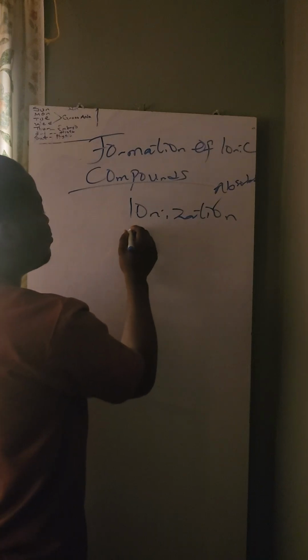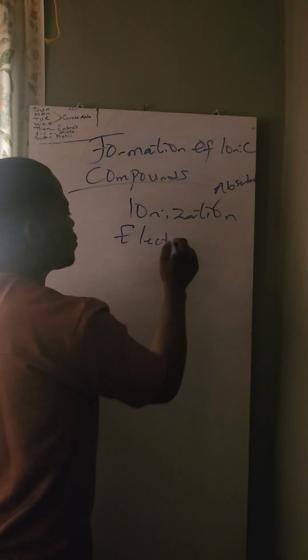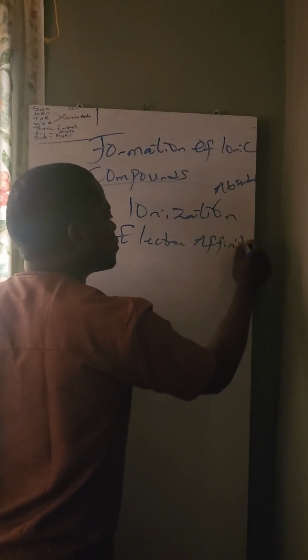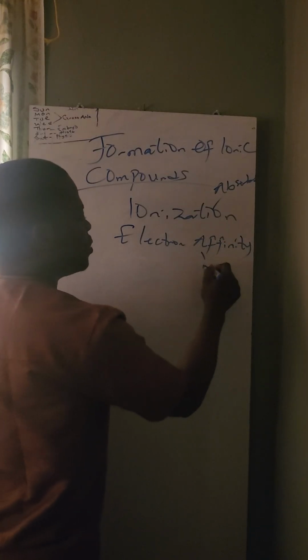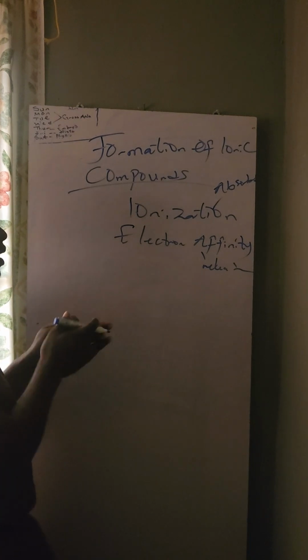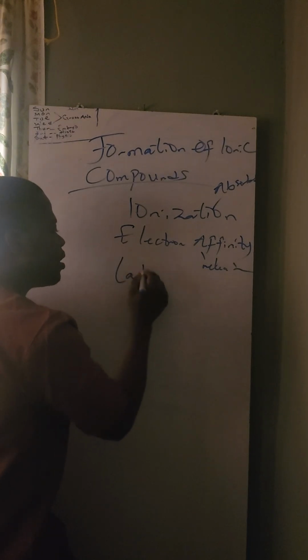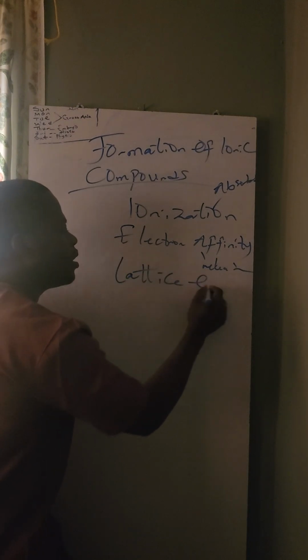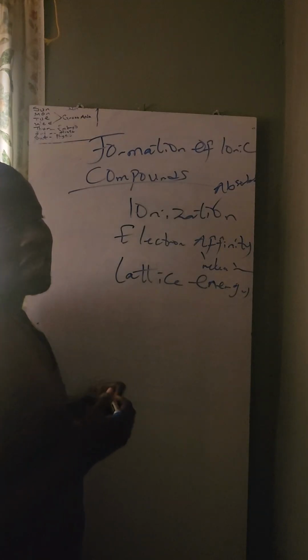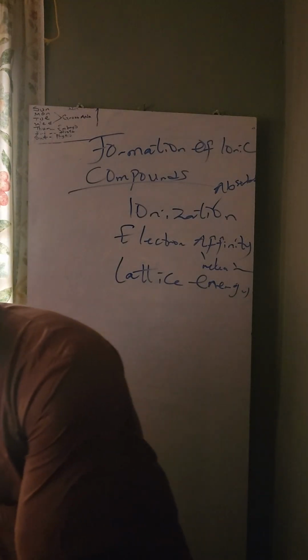I mentioned electron affinity, released by non-metal. But when the two now combine, they form what? They release what? Lattice energy. That is the energy they are going to release.